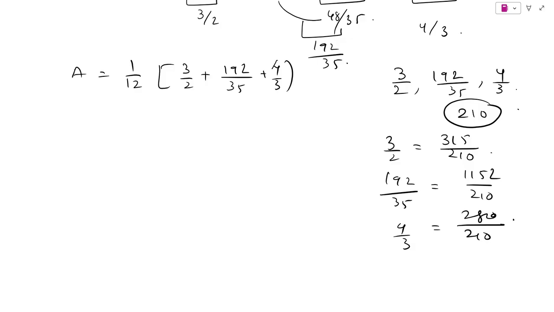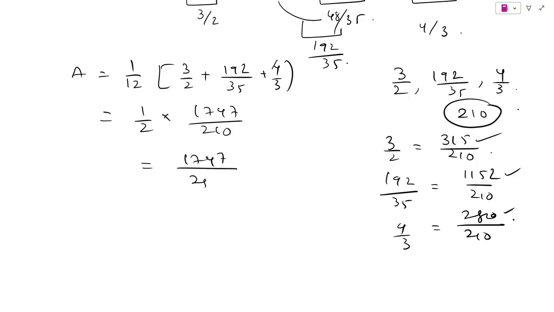Now add 315, 1152, 280. So this will be 1747/210. So A is 1747/2520. Therefore 2520A is 1747.